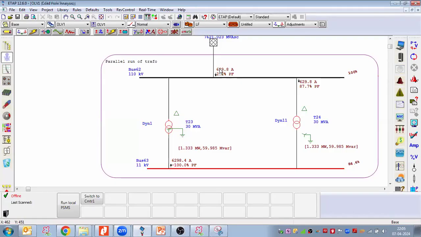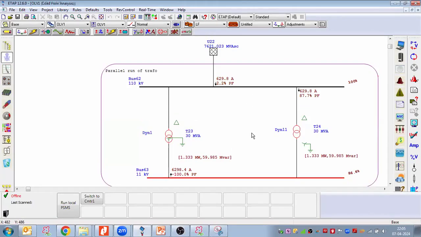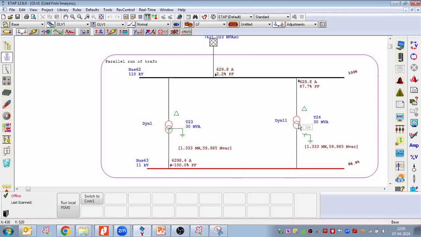But here the current is flowing, 630 ampere current is flowing. And here if you see, current is coming from the source to here, Dyn11, coming to the bus bar and then going back to the transformer.